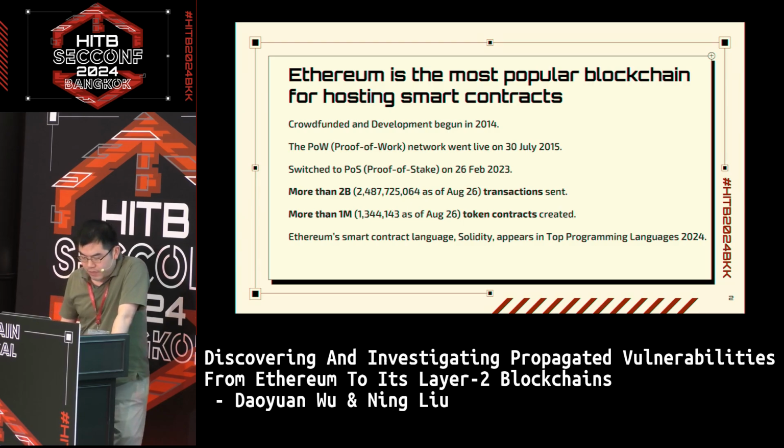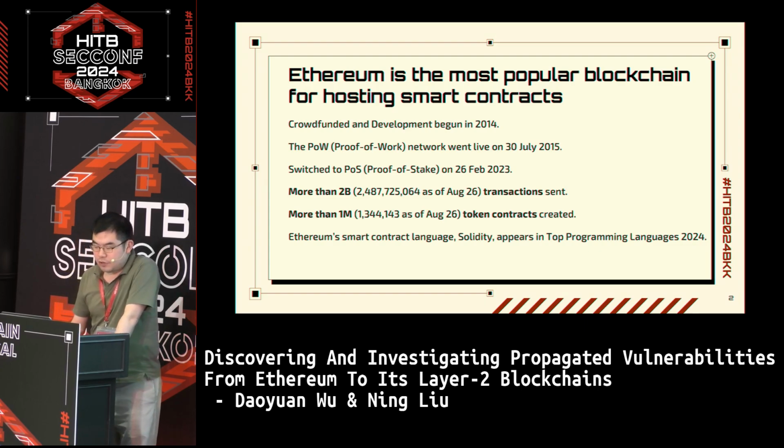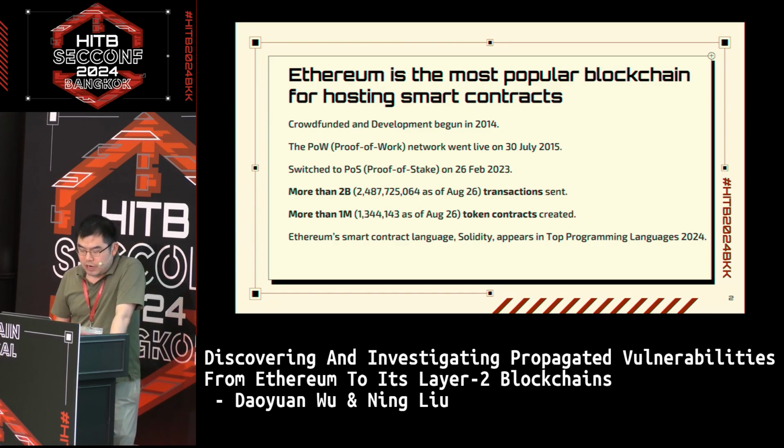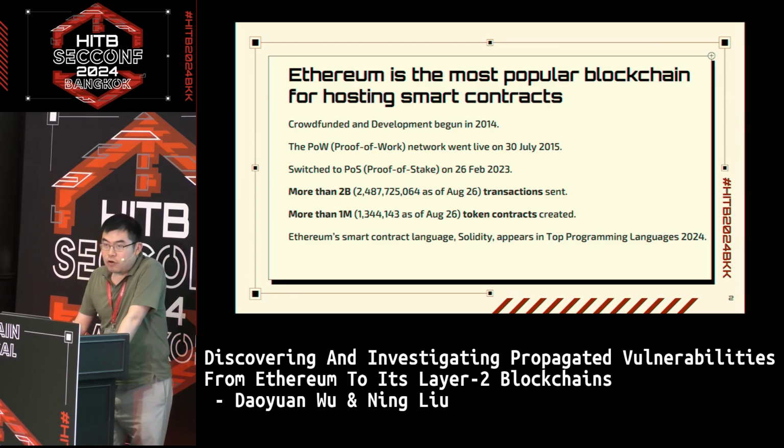As of this week, more than 2 billion transactions have been sent on the Ethereum main network. And even on the main network alone, over 1 million token contracts have been created.